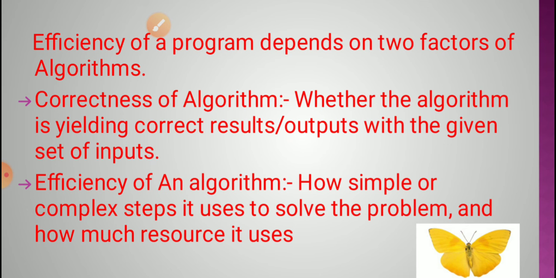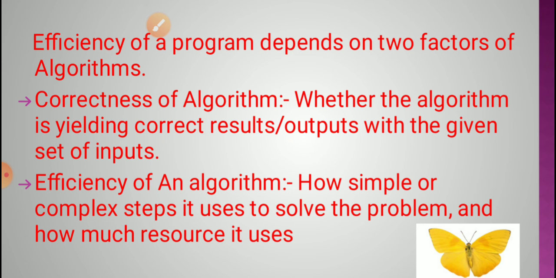Correctness of the algorithm: whether the algorithm yields correct results or outputs with the given set of inputs. So an algorithm must receive some input, and it must provide the result. The result should be correct without any mistakes.